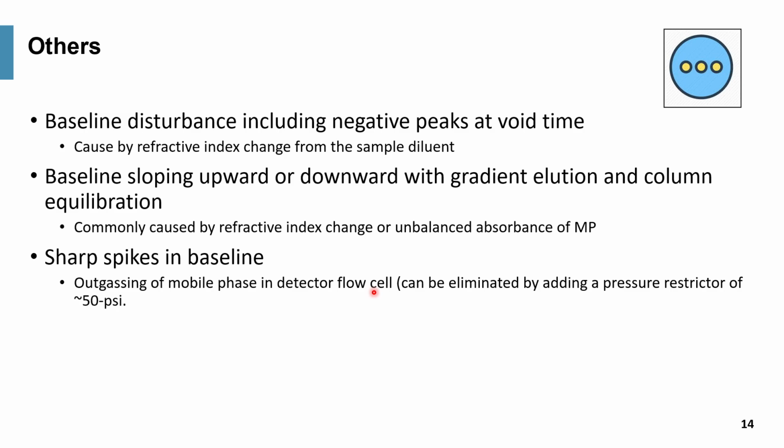So it can boil the acetonitrile or methanol in your flow cell, right? It can be eliminated easily by adding a little bit of pressure restrictor, let's say a short piece of tubing, up to 50 psi. Some systems like the Waters UPLC automatically have a pressure regulator at the end of the flow cell.